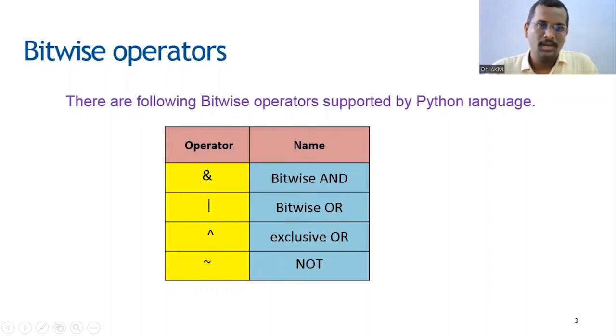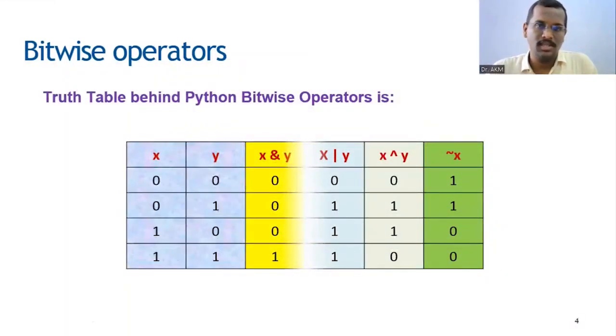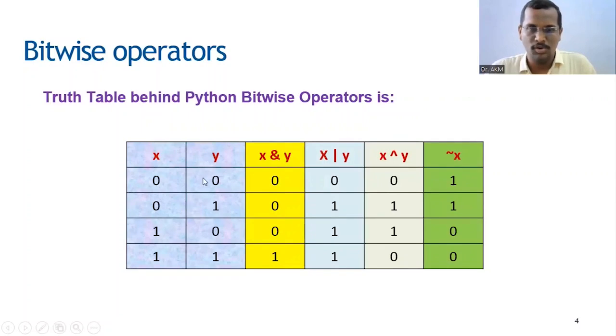And now let me move to the truth table for the operators. So now you just assume that x is equal to 0, 0, 1, 1, y is equal to 0, 1, 0, 1. So when you apply the bitwise operator, it is bitwise AND operator.